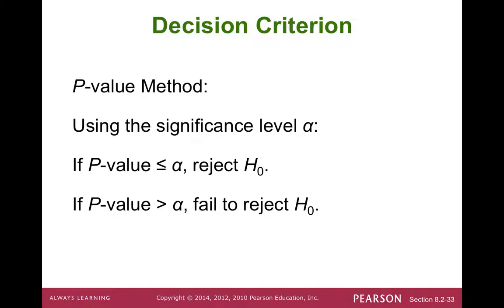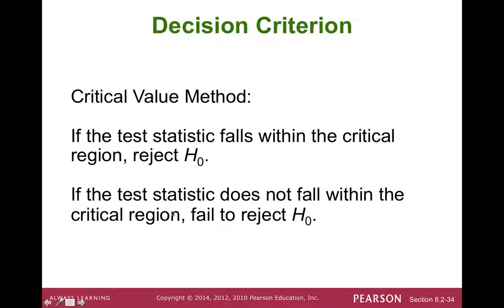For the p-value method, you're going to use whatever significance level you happen to have, which again will vary, but it'll either be 0.05, 0.01, or 0.1. And if the p-value is less than or equal to your significance level, then you're going to reject your null. And if your p-value is greater than your significance level, then you'll fail to reject your null.